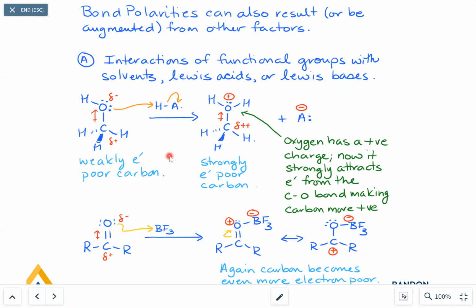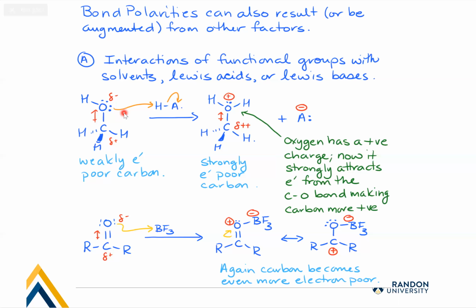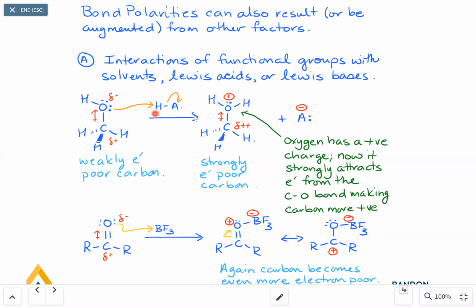So in this example, we're returning to our friend the alcohol. And again, remember, alcohols are interesting molecules. They are both Lewis acids and Lewis bases, depending upon what they are interacting with. So if you've got some acid here, these lone pairs can act as a Lewis base and grab that proton. And now you've got a protonated alcohol.